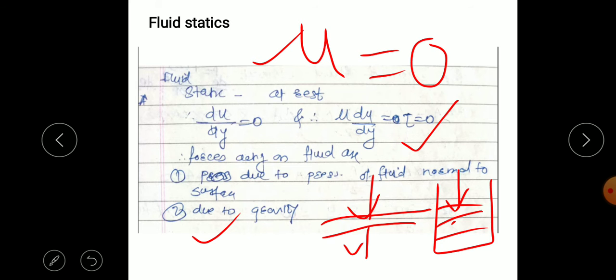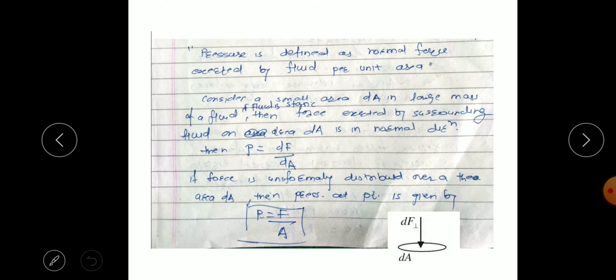Next we consider what we know: pressure is the normal force exerted by a fluid per unit area. Suppose in this fluid we consider a very small fluid particle or a fluid area, that is dA. Here we have shown dA as the fluid area.